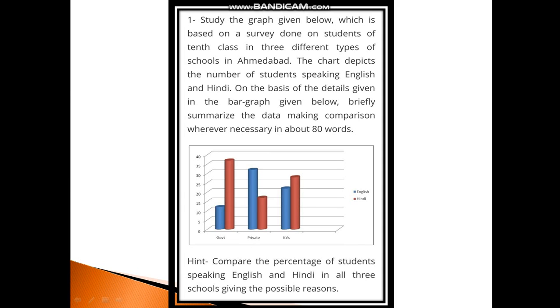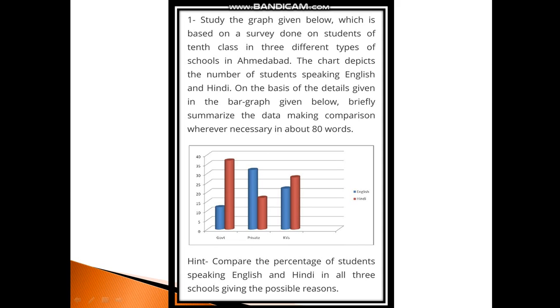Okay, here you can make it in about 100 to 120 words. Now, hint, compare the percentage of students speaking English and Hindi in all 3 schools, giving the possible reason. Now, first comparison is government, then private, and then Kendriya Vidyalaya.